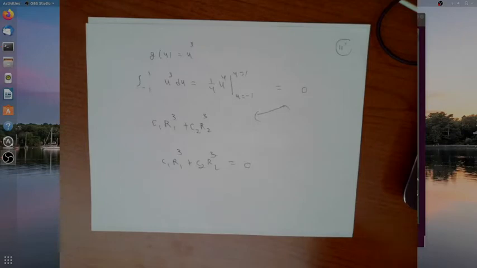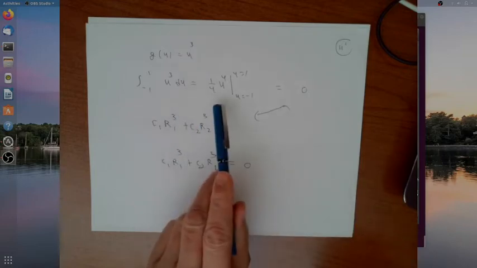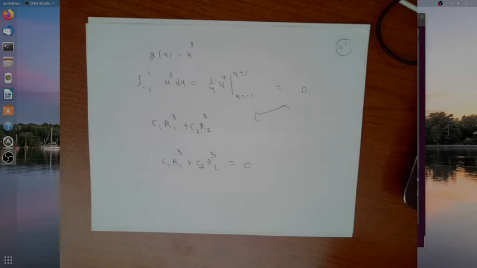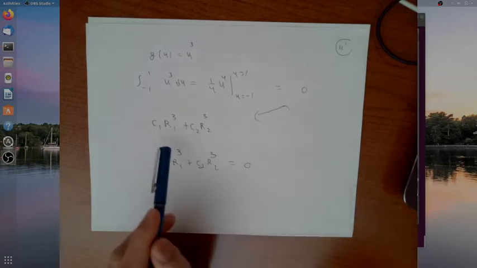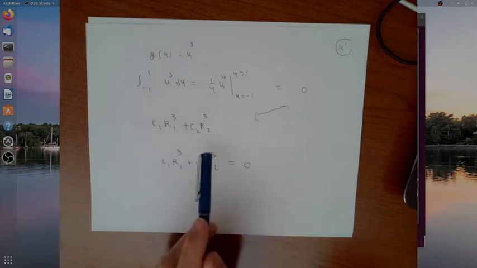What if we try g of u equals u cubed? The integral has antiderivative 1/4 u to the 4th, which is again an even function. The exact value of the integral is 0, and if you apply our approximation rule to the function u cubed, the approximation will be c1r1 cubed plus c2r2 cubed.